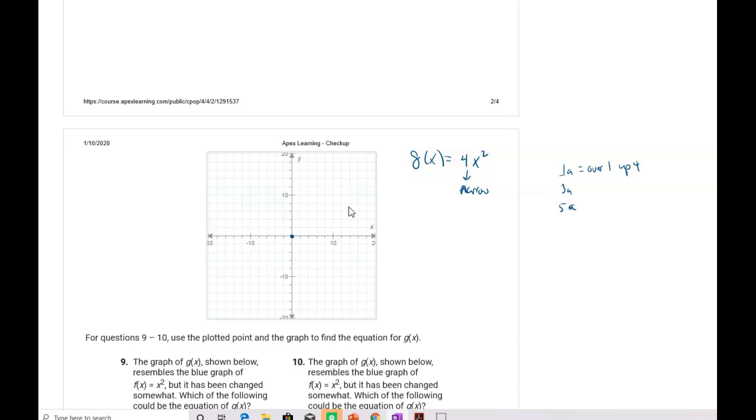So from here, over 1, you got to remember that these tick marks are in 2. So over 1, up 4. Now I'm going to go over 1, up 3a would be 12. So over 1, up 2, 4, 6, 8, 10, 12. Is that right? So now, if I look, I can match it up on either side, and that would be your graph there.